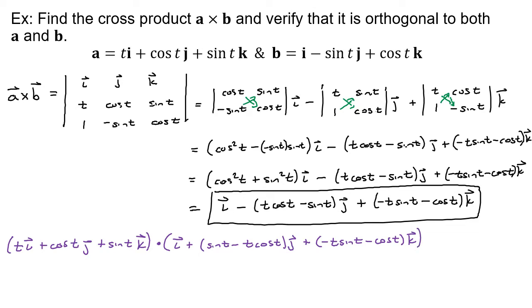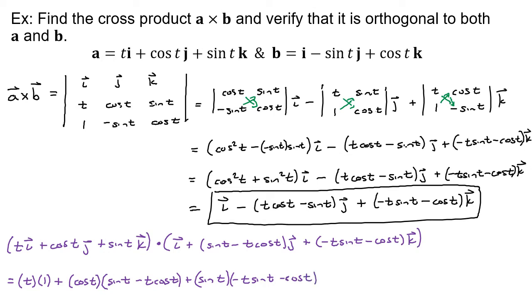So if I dotted those together, I'd multiply the first ones together, which would be a t times a 1. Then I would do the ones in front of the j, which would be a cosine t times a sine t minus t cosine t. And then I would have a sine t in front of the k with a negative t sine t minus cosine t.